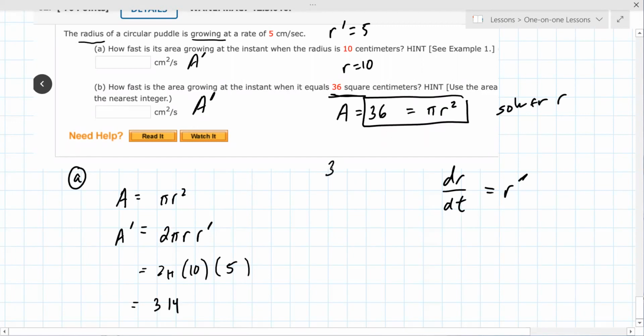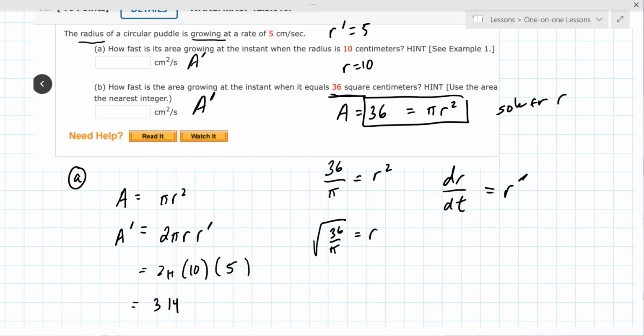So you divide both sides by pi, and then you take a square root of both sides, and that's your r. So they're giving you the area as 36 and they want you to find r to use it in this formula for A prime.